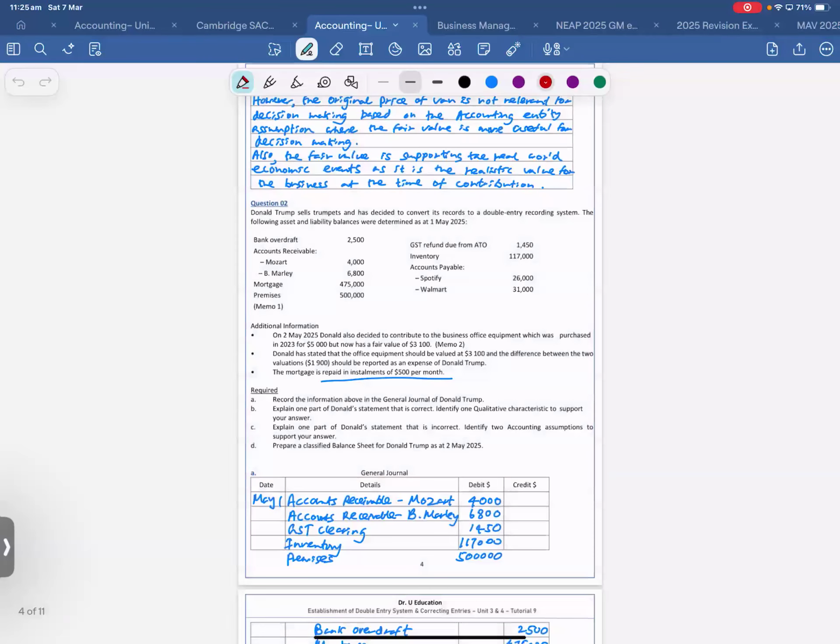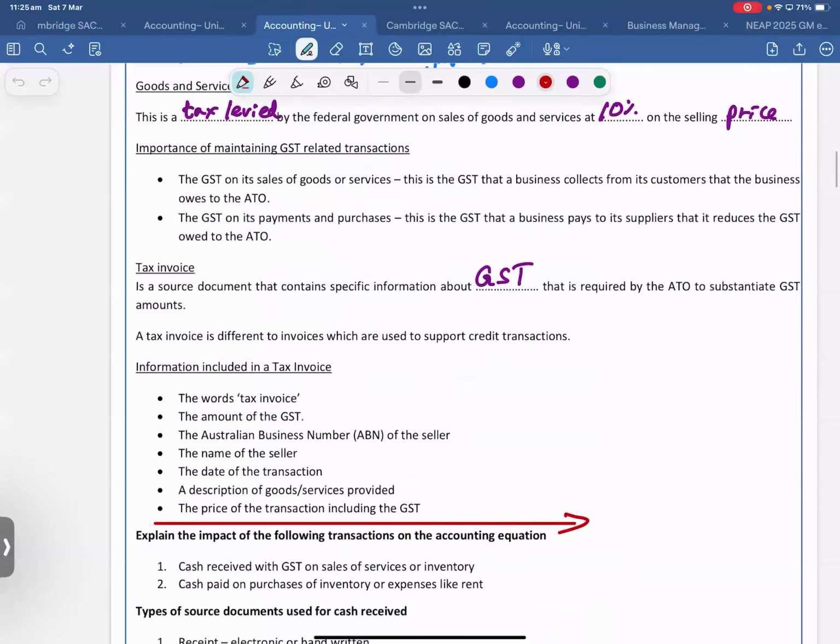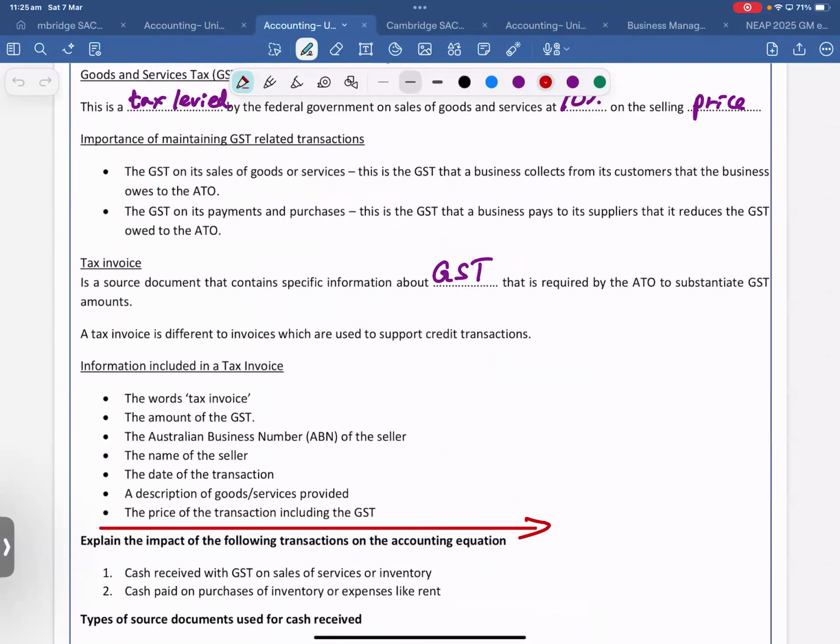Source document contains information about the GST that is required to the ATO: the term tax invoice, amount of GST, Australian business number. What is the Australian business number? ABN. And then name of the seller, transaction date, description of the products, and the price of the transaction, including the GST. So basically those information should be there.